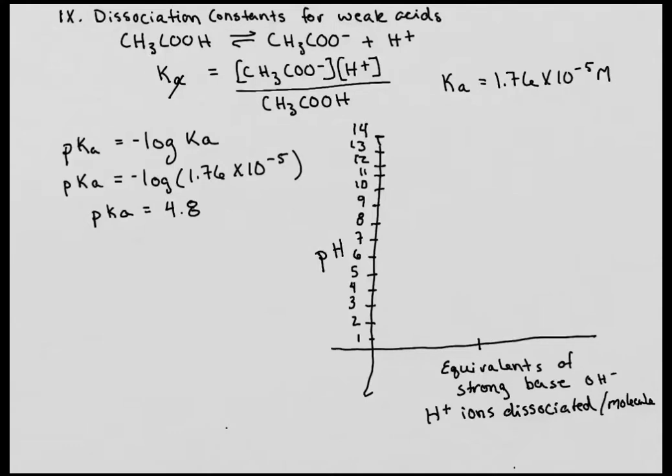As more base is added, so the more sodium hydroxide that is added, and we look at this in equivalence, we would tend to see this as 0.5 and this as 1. And in a minute I'll explain how this also can be hydrogen ions dissociated from the weak acid.